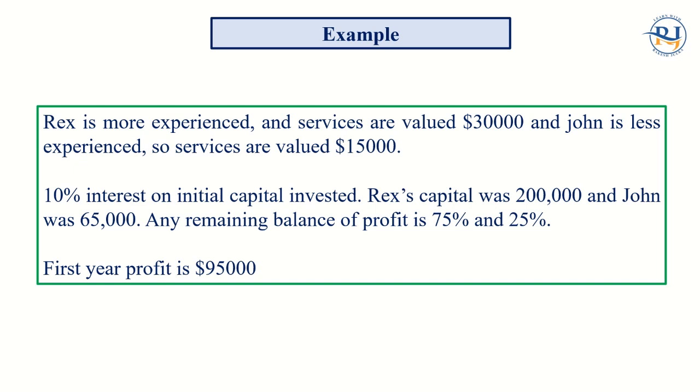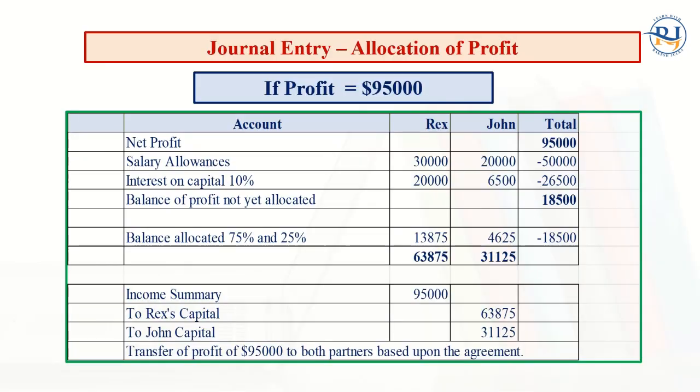Excellent profit. Now, how to calculate this 95,000 profit among these two parties? In this case, I'm just going to take some scenarios: when there is a 95,000 profit, or when there is a 25,000 profit, or when there is a loss. I'm just going to explain one by one. So first is when the partnership firm has earned 95,000 profit, then how that profit will be allocated.